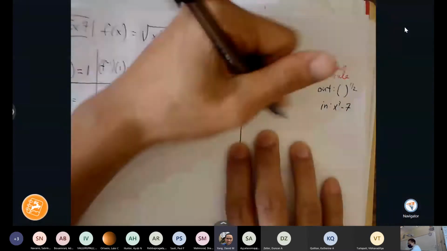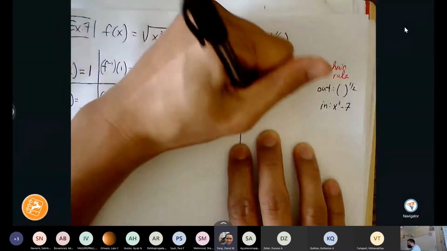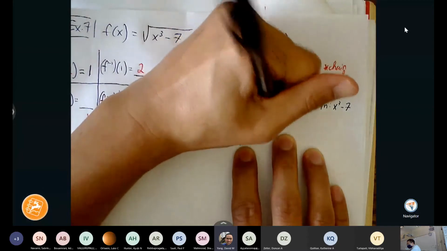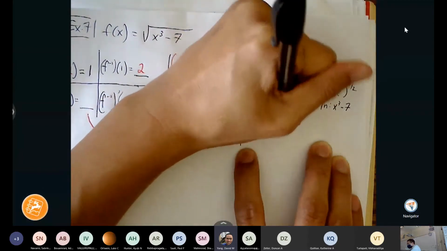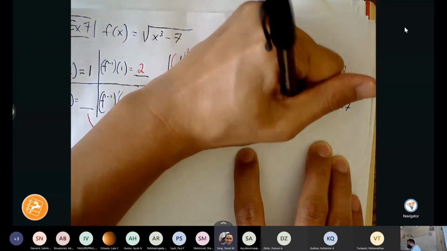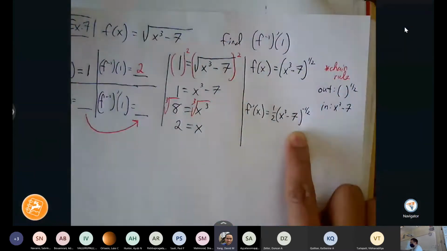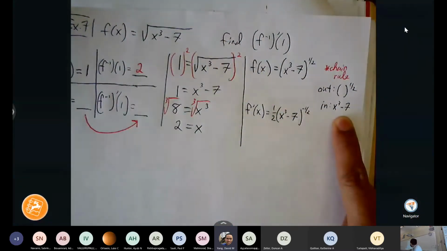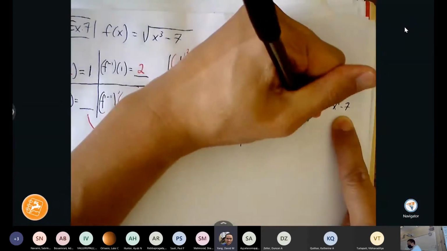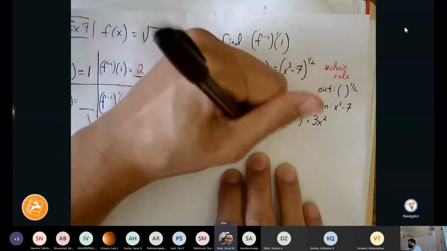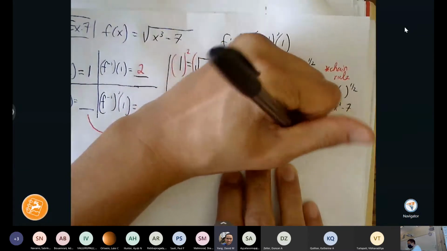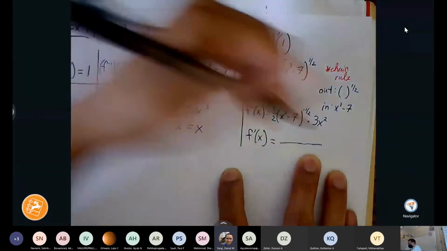Outside's derivative, negative 1/2. Good. Keep the inside intact. Multiply by the inside's derivative, 3x squared. Okay, I'm going to do a little bit of cleanup with my f prime, and then we can work into 2.